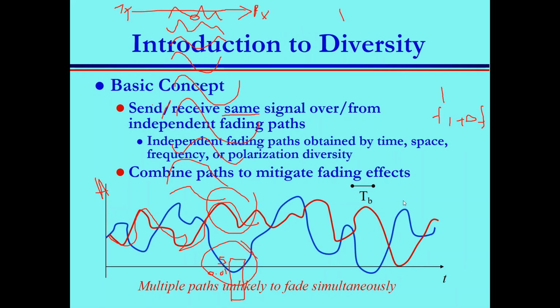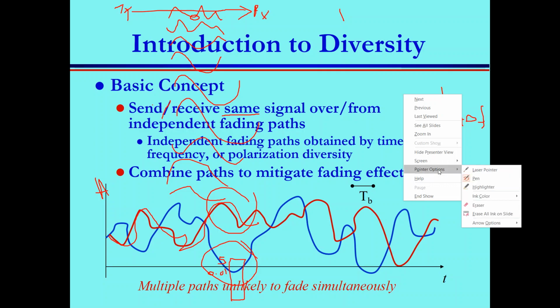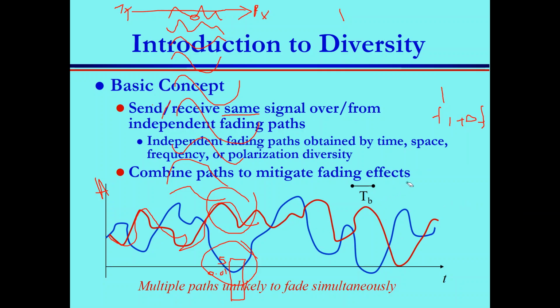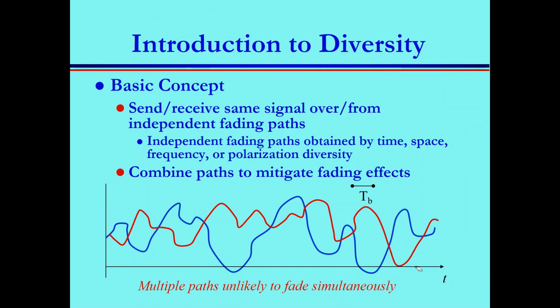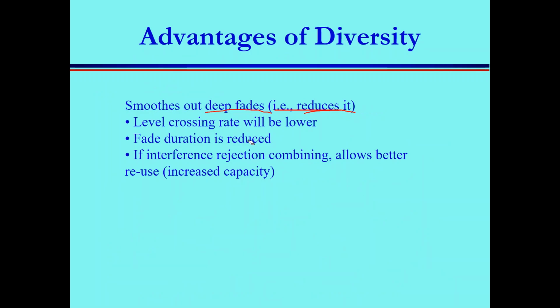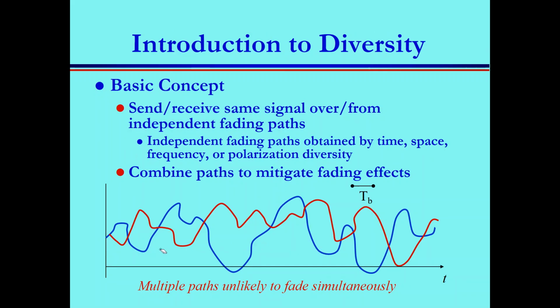See this channel? Let me clear these. See for example, this channel, yes? If you put here a threshold, anything below this, we call it what? Level crossing rate. Anything below this, we say it's deep fade.